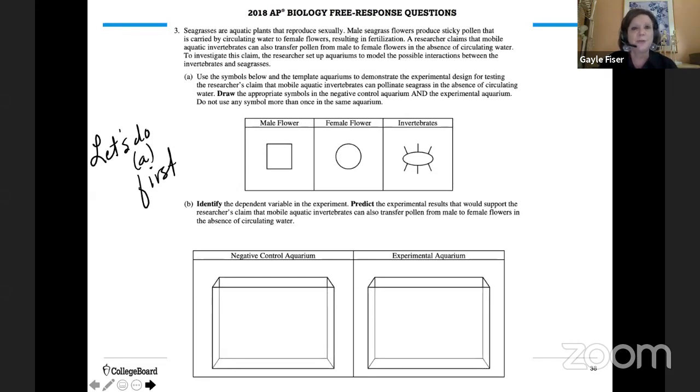Using the symbols below and the template aquariums, demonstrate the experimental design for testing the researchers' claim, that the mobile aquatic invertebrates can pollinate seagrass in the absence of circulating water. Draw the appropriate symbols in the negative control aquarium and the experimental aquarium, and don't use any symbol more than once in each aquarium. Okay, I'm going to give you a minute to do that.